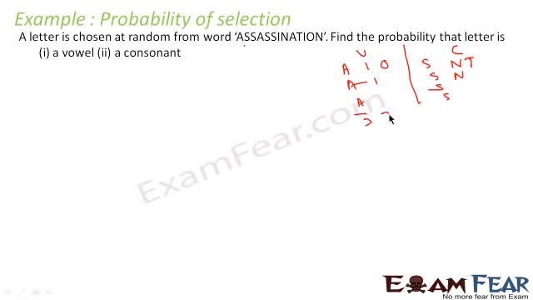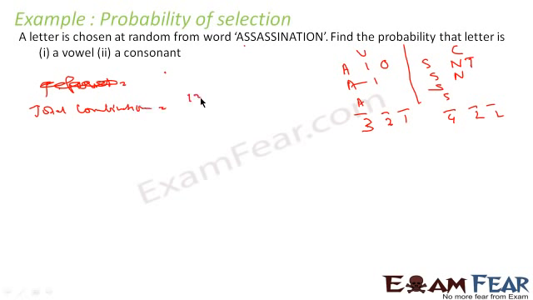So now a letter is chosen from this word. The total combination, because we are selecting here, is equal to 13C1. There are 13 letters. So total sample space is 13. Now probability of vowel, how many were there? 3 plus 2, 5 and 6. So out of 6 we select 1. This is the favorable space.